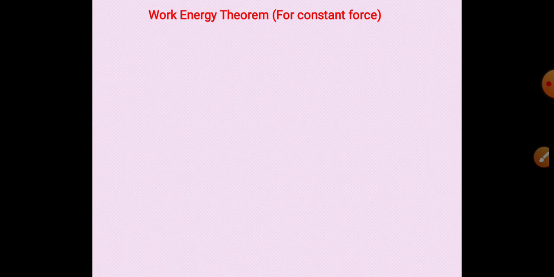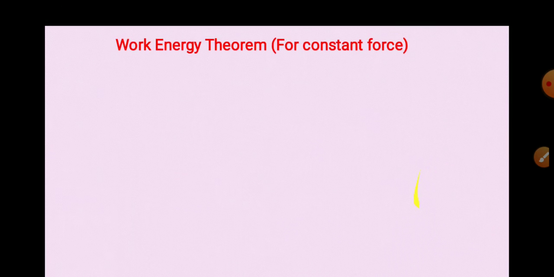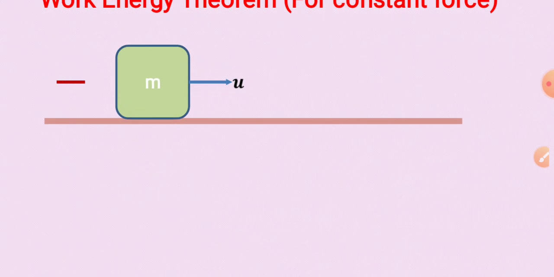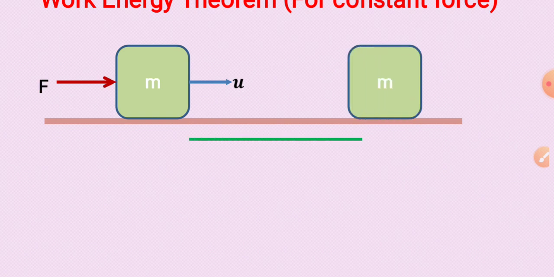Now work energy theorem, very important theorem, and let us do it for constant force. So here we have a body of mass m moving with some initial velocity u, and then some force F is applied on it. So it undergoes some displacement s, and then its velocity increases to v.